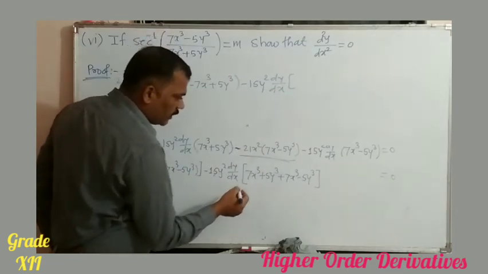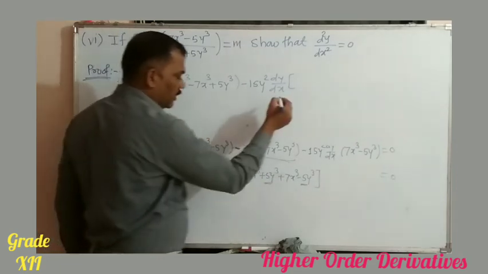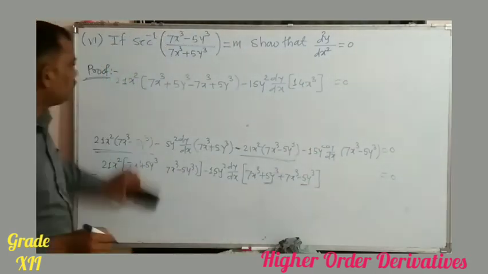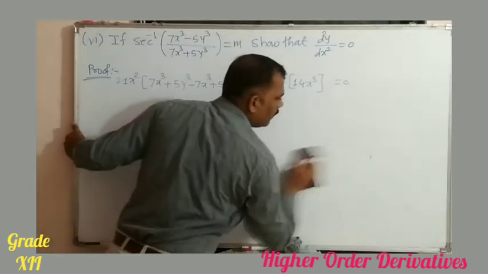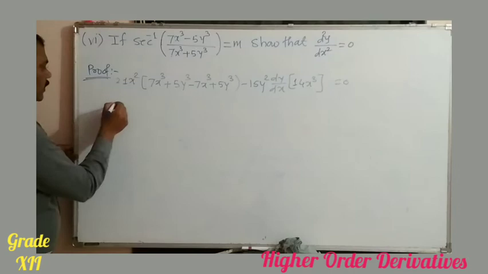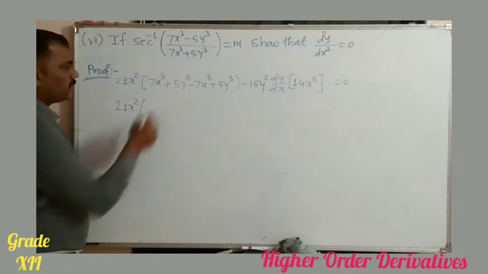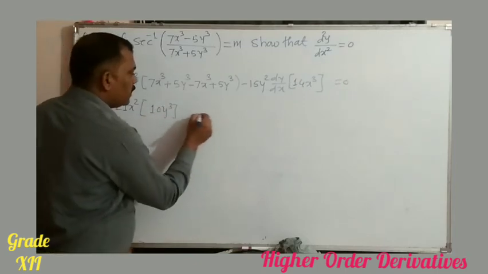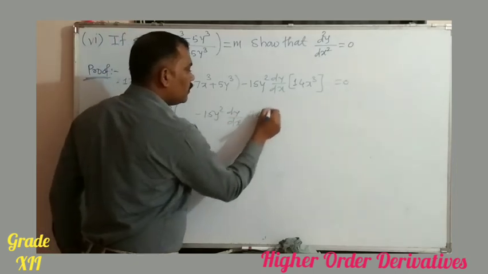Here we see that 5y³ minus 5y³ gets cancelled. 7 plus 7, that is 14x³. 14x³ is equal to 0. x² into minus 7x³, minus 7x³ gets cancelled. 5y³ plus 5y³ is nothing but 10y³, minus 15y² dy/dx into 14x³ is equal to 0.